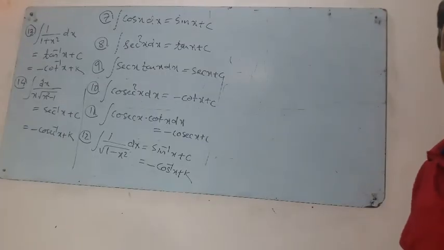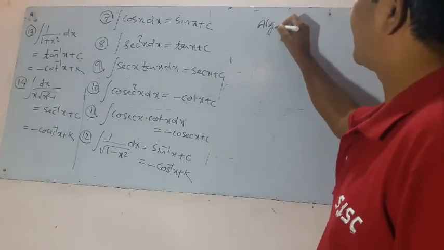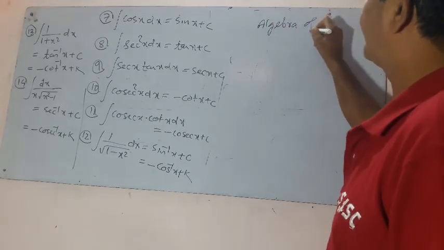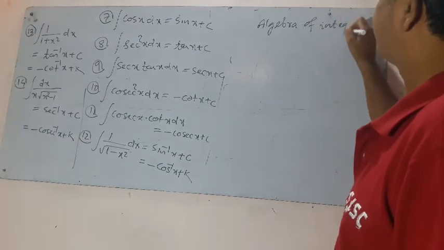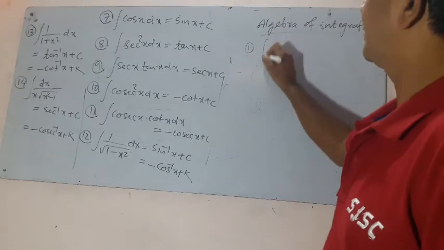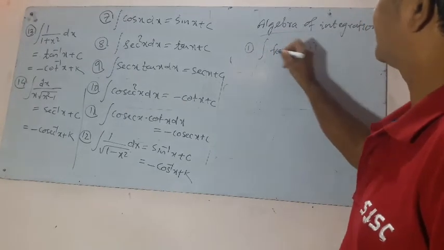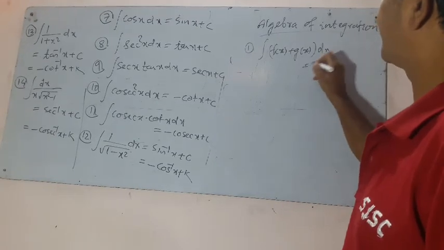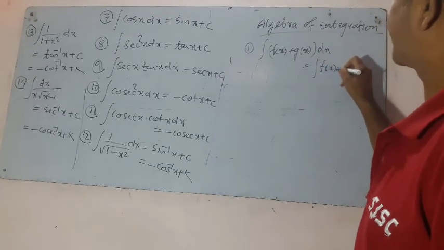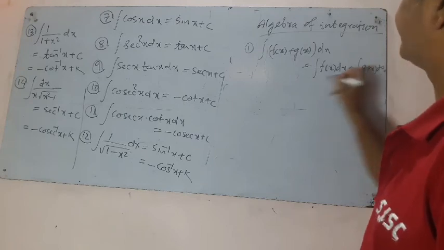Next come to algebra of integration. First: integration of fx plus gx into dx is equal to integration of fx dx plus integration of gx dx.